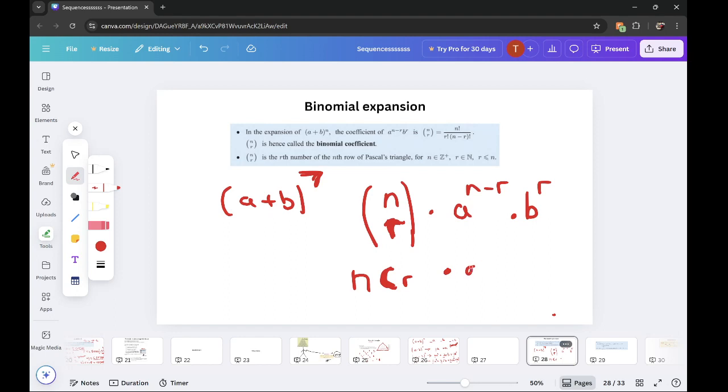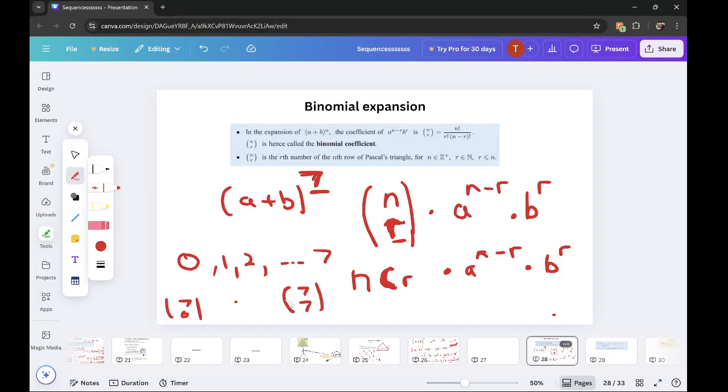So this is n choose r times a to the power of n minus r times b to the power of r. What is r, you might wonder? n never changes. n will always be equal to 7. But r goes from 0 to 1 to 2 all the way to 7. So there will be a point where it's 7 choose 7, and a point where it's 7 choose 0.